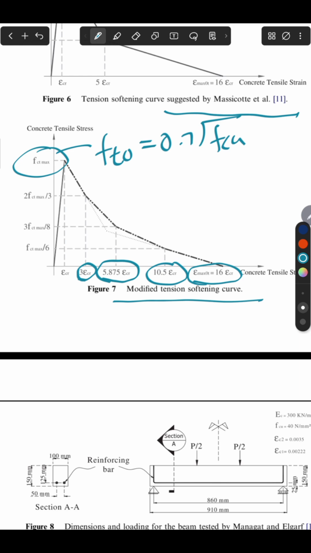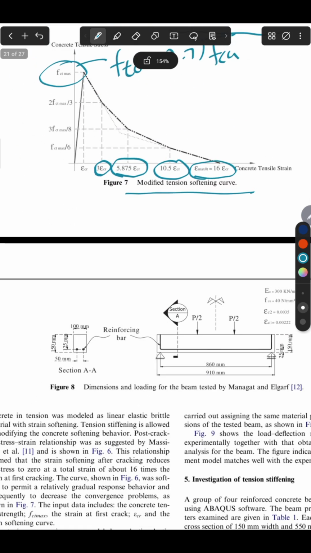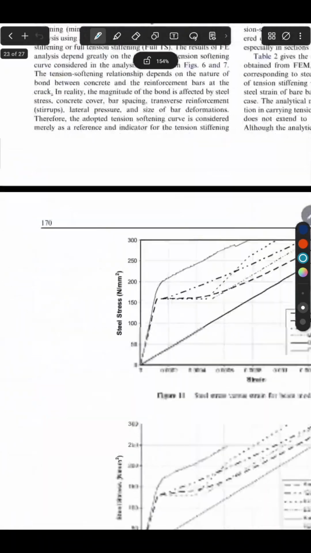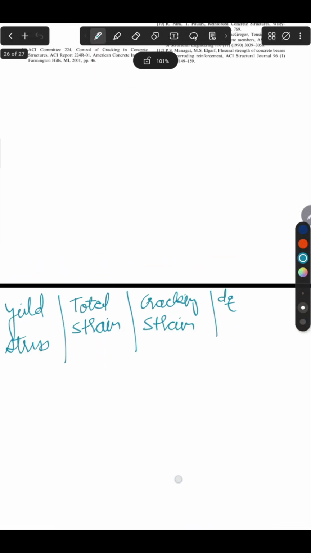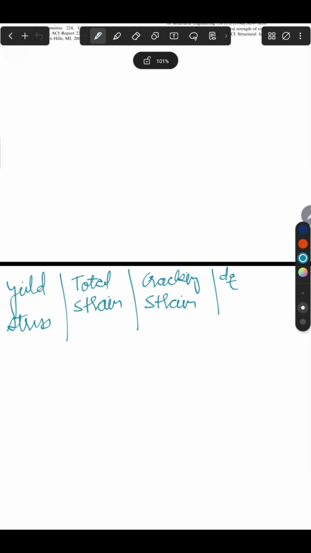Now first value of sigma T naught, we can say we have calculated as 3.5.